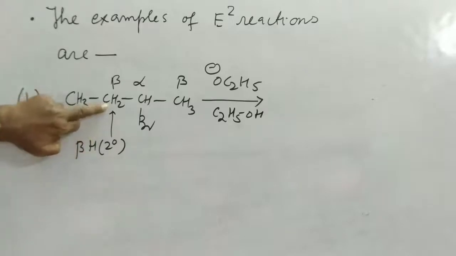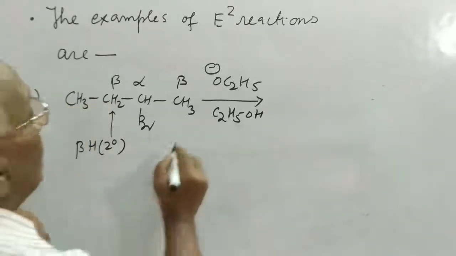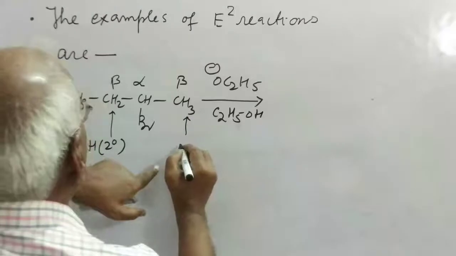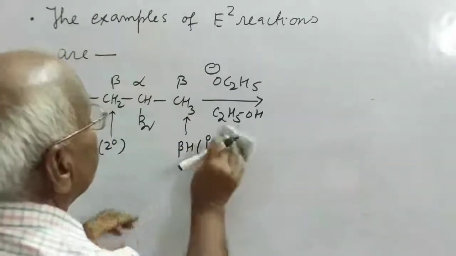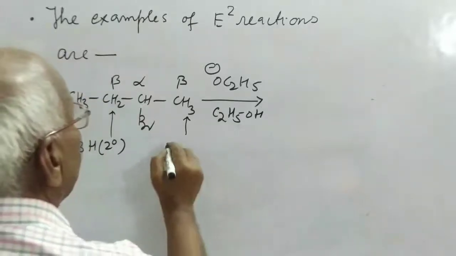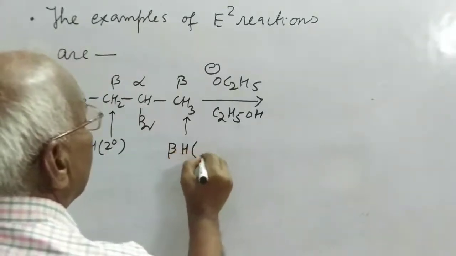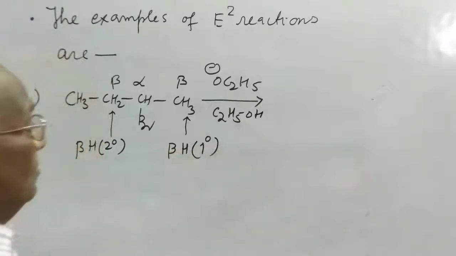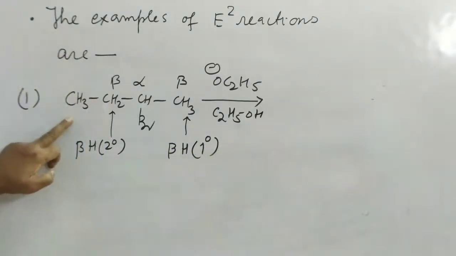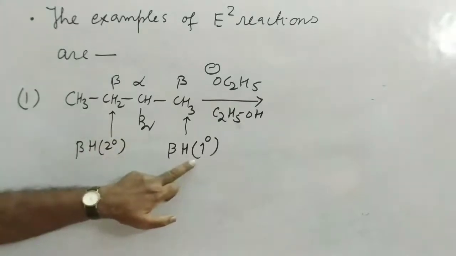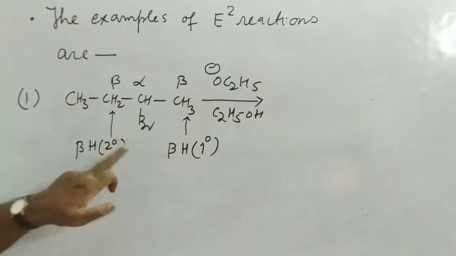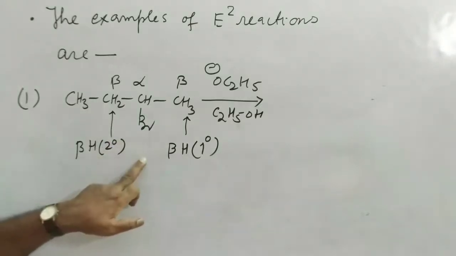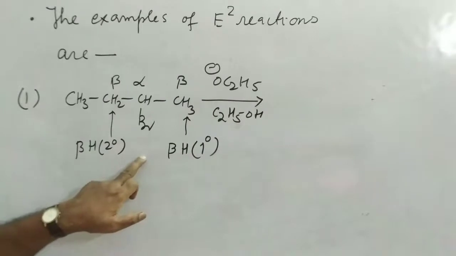This hydrogen is beta hydrogen, 1 degree. So in this alkyl halide, we have two types of beta hydrogens, 1 degree and 2 degree. So in the reaction, we will get two alkenes as the product.